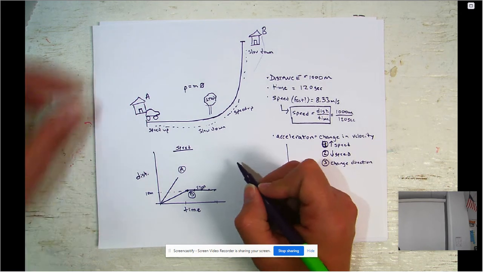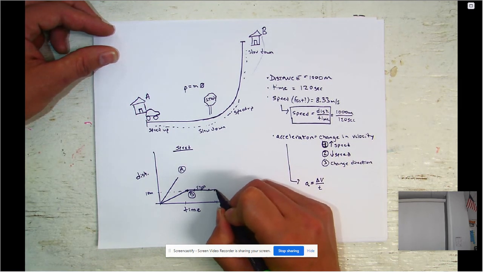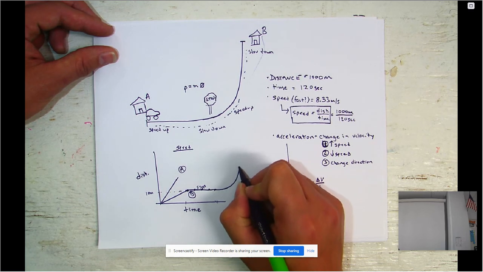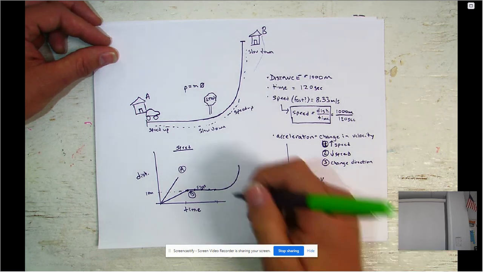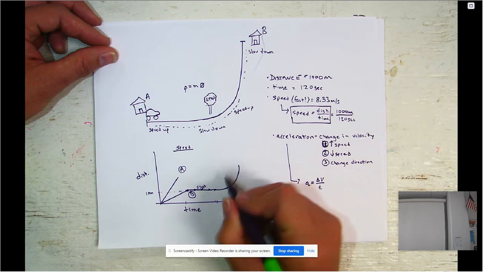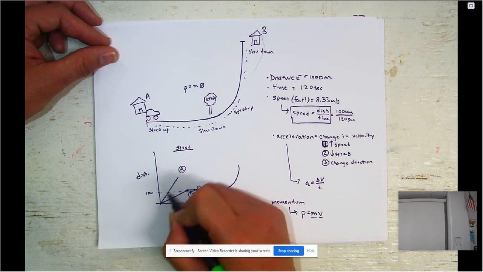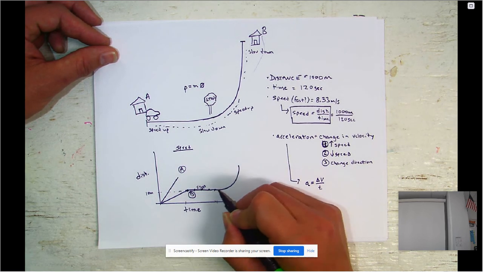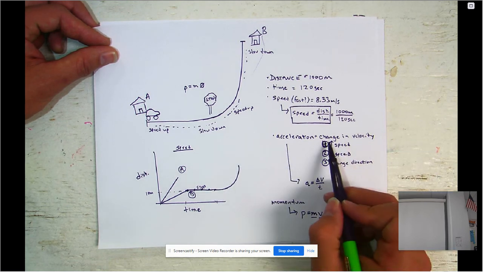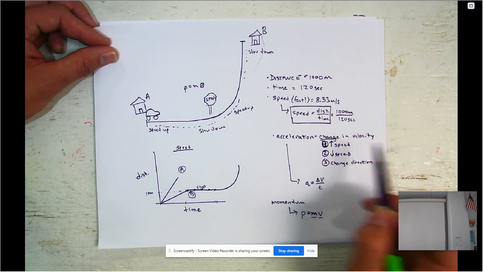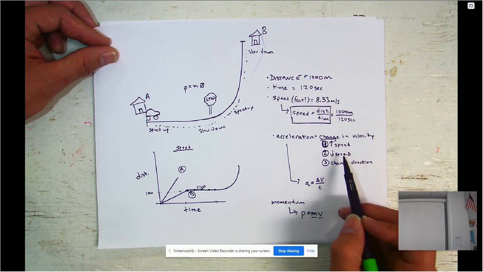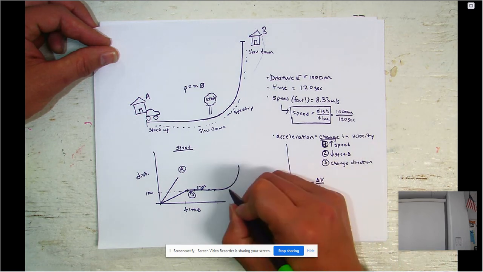Another thing that you could possibly have is a curved line. A curved line would look something like that. That means that the velocity is changing. It's curved. It's not a straight line like these are. It's a changing line. And when we have a change in our speed, either increase or decrease, that means we're having acceleration.